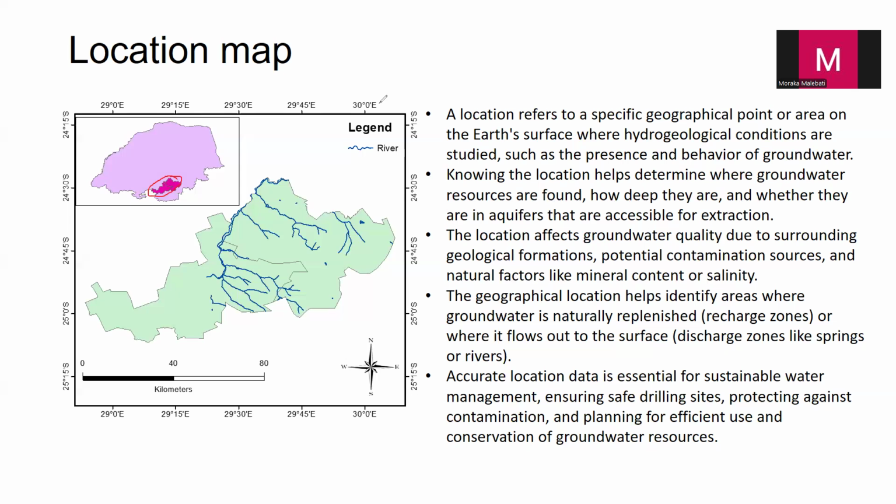We know that surface water is interconnected with groundwater, so if the surface water is contaminated, the groundwater will also be contaminated. So we need to understand more about the location, where we are basically doing our hydrogeological studies.